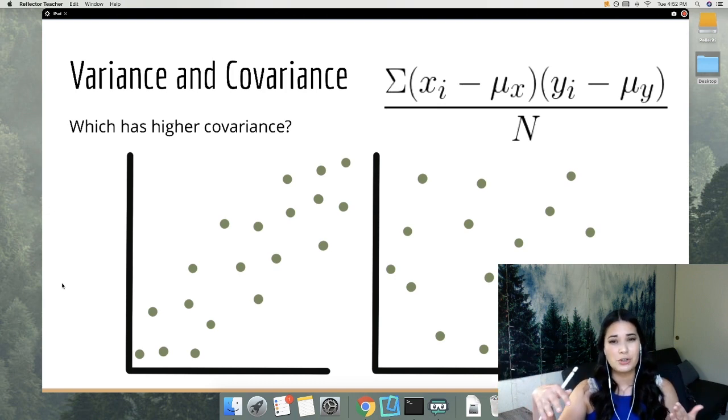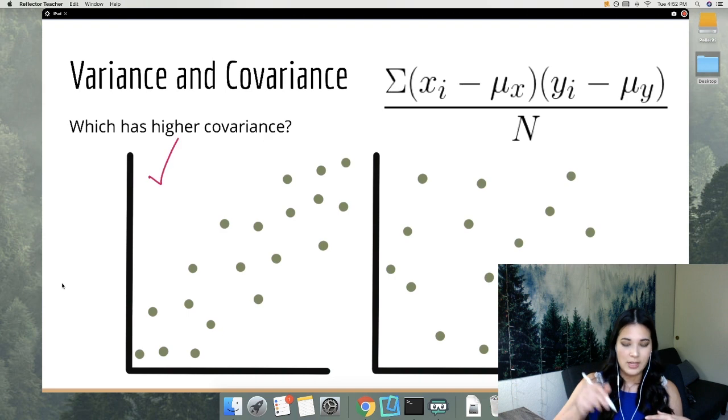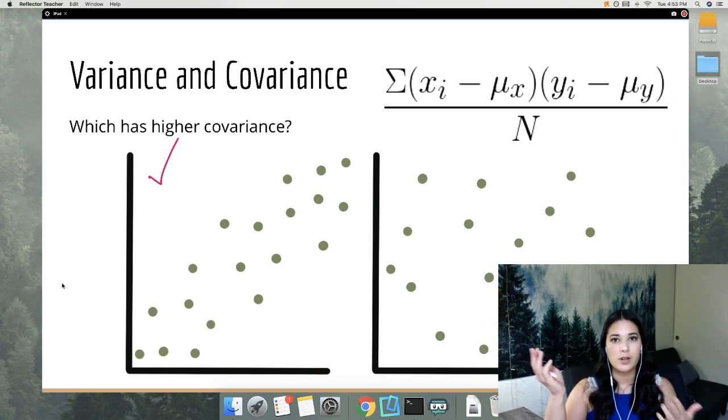So if you look at these two graphs on the screen, I can ask you which has higher covariance. Again, I would ask you if we were in class, but just think of the answer. And now I will tell you the answer is the one on the left. And that's because there is actually a positive relationship here, right? Whatever these two variables are, as one goes up, the other one tends to go up.